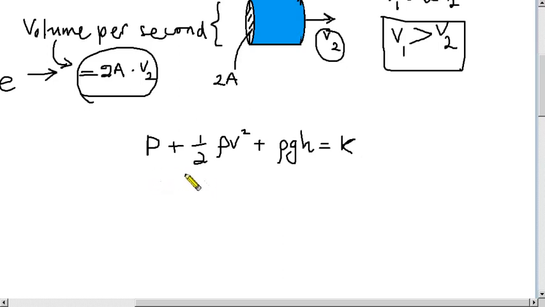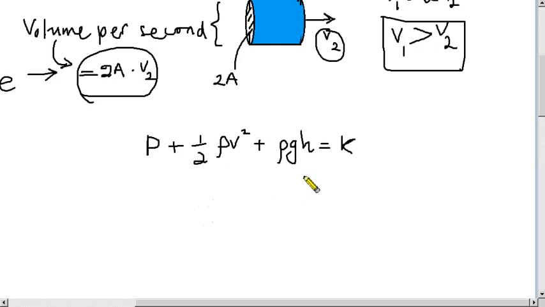This one is the kinetic energy of 1 cubic meter of this liquid, 1 meter, 1 meter, 1 meter. And this term is the potential energy of unit volume, that means the potential energy of 1 cubic meter, the term of the Bernoulli equation.